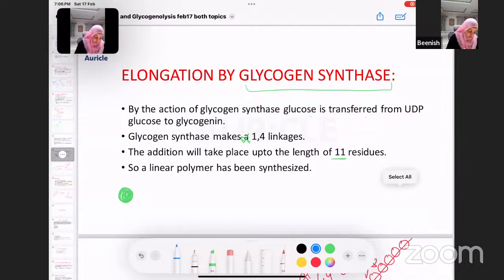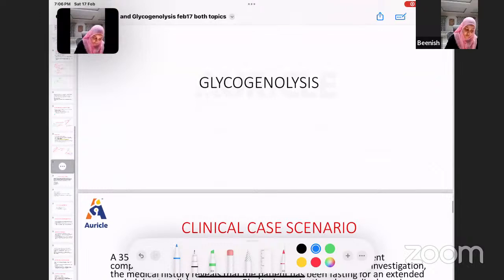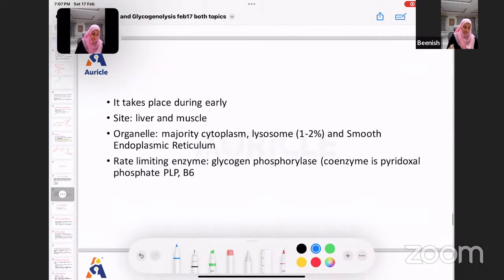Okay. Now moving on, let's begin with glycogenolysis. This is the breakdown of glycogen. It takes place during early fasting. Note this. The site is the liver and the muscle.